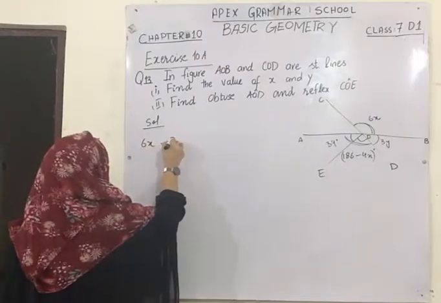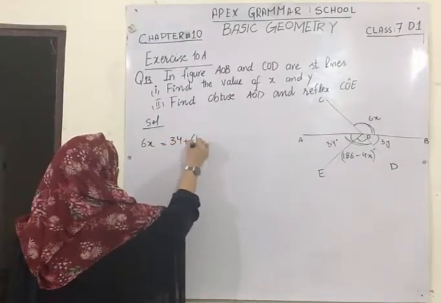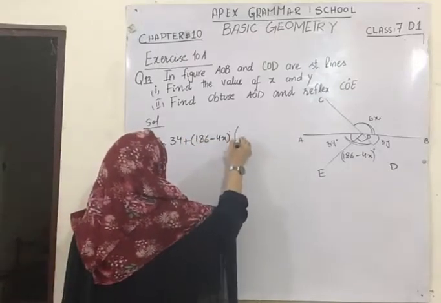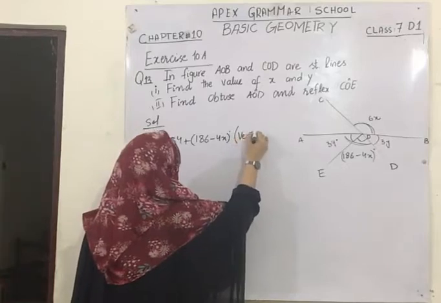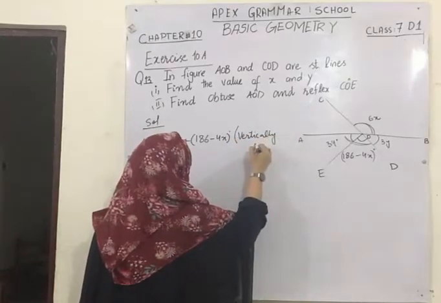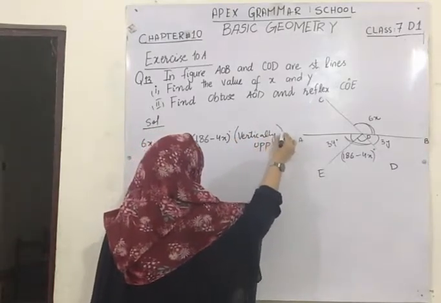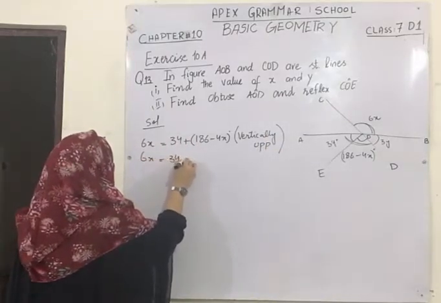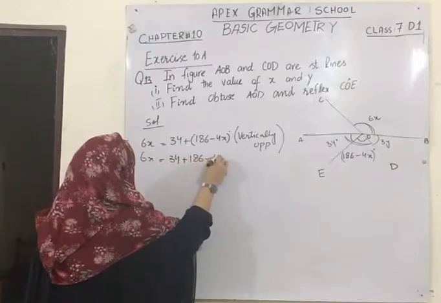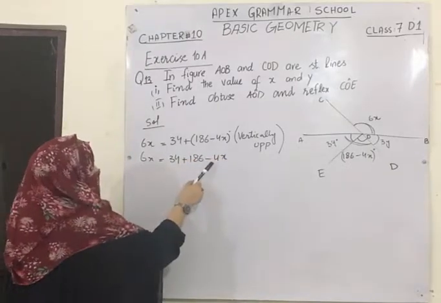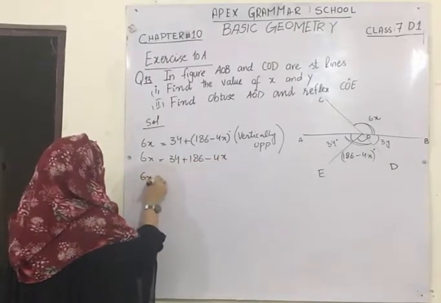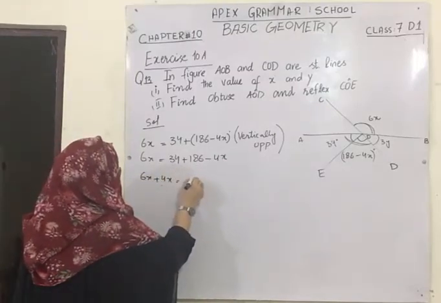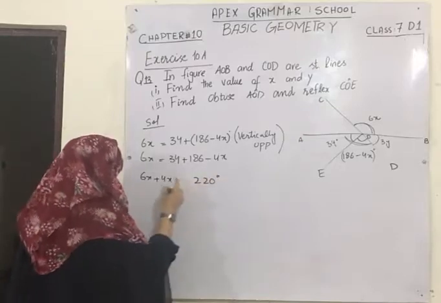6x would be equal to 34 plus 186 minus 4x, because they are vertically opposite. 4x is being subtracted, so on the other side it will be added. 34 and 186 will be 220 degrees.